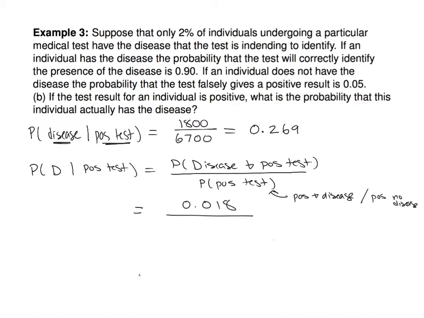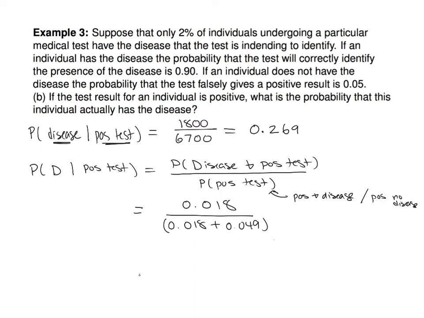Okay, so look back at your tree. Positive and disease is 0.018 plus positive and no disease is 0.049. When you put that in a calculator, make sure you put parentheses here.